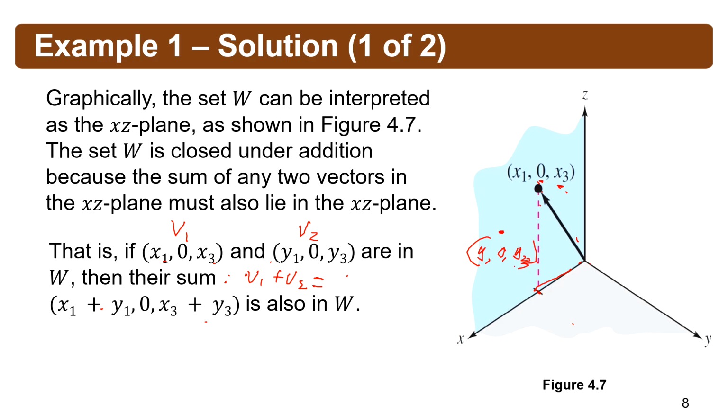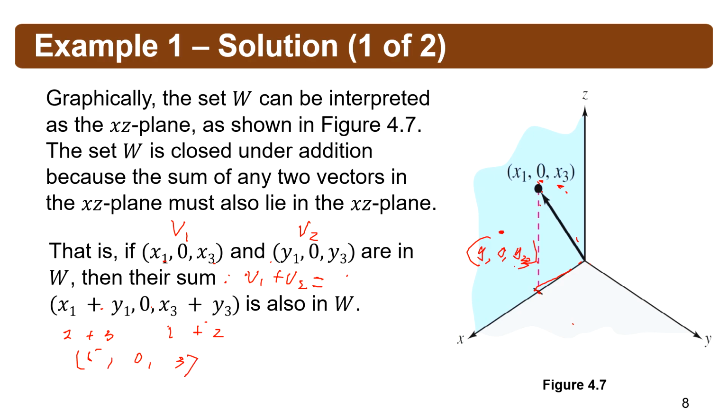And again, the middle term is 0, and still, you can have any value. So if we have, let's say, 2 and 3, and 1 and 2, the sum is (5, 0, 3). This point is still on this wall.